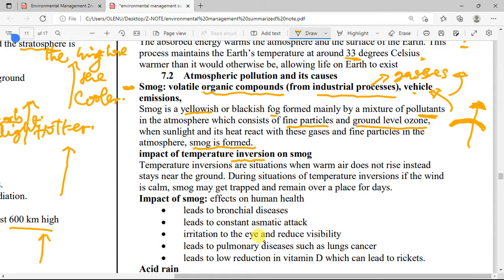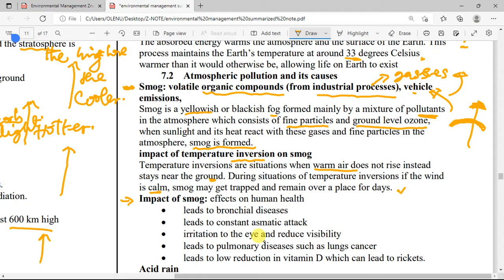So you find out that temperature inversion is a situation whereby warm air mass does not rise, instead stays near the ground, and this does not rise because it is being trapped by this pollutant. Now, during temperature inversion, if the wind is calm, smog may get trapped and remain over a place for many days.